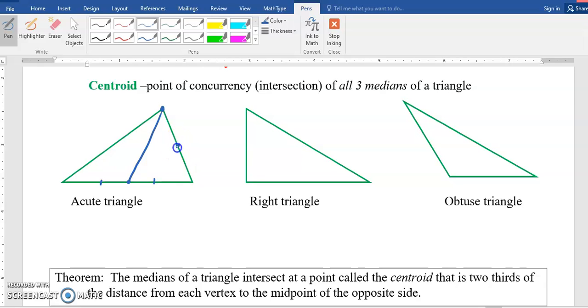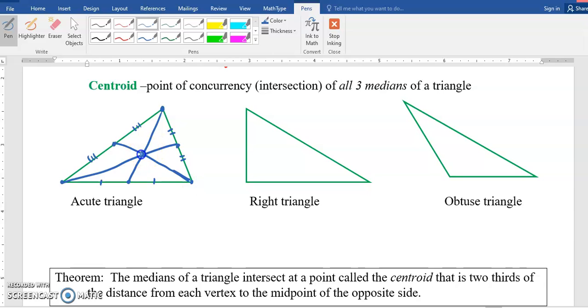So I pick the midpoint of this side and connect the vertex to that midpoint, and then connect this vertex to this midpoint. And if they're all done precisely, they will always be concurrent.